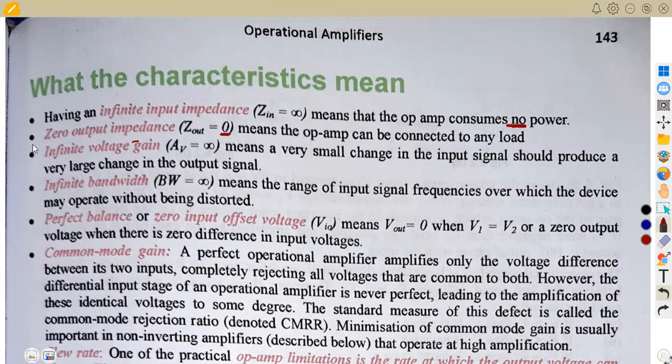But for the infinite voltage gain, if our voltage gain is infinite, it means a very small change in the input signal should produce a very large change in the output signal.